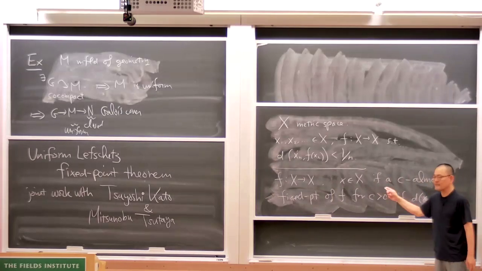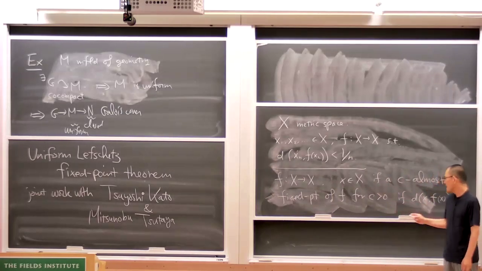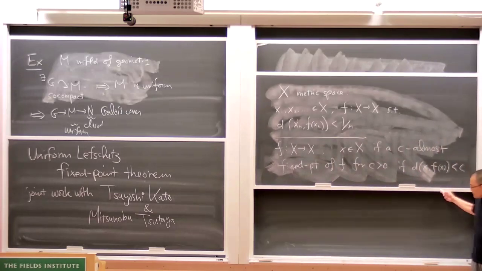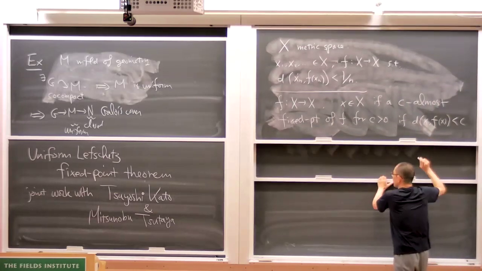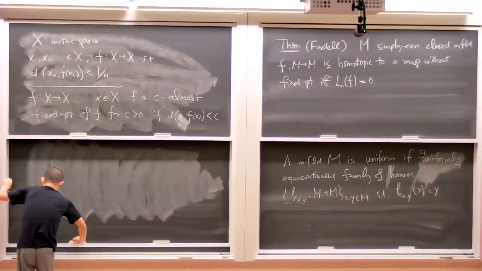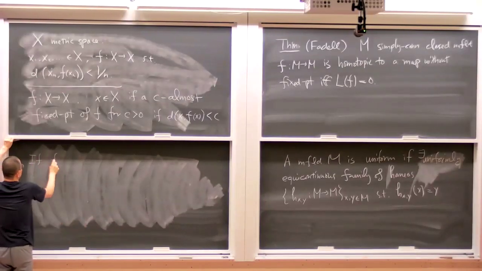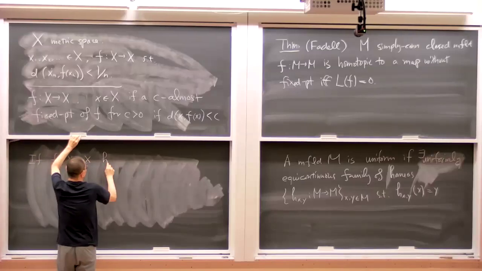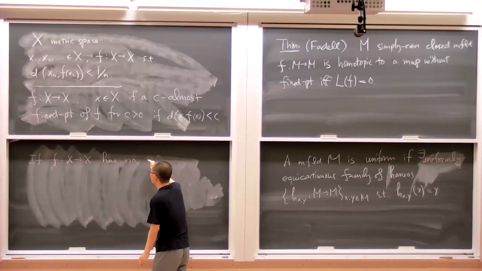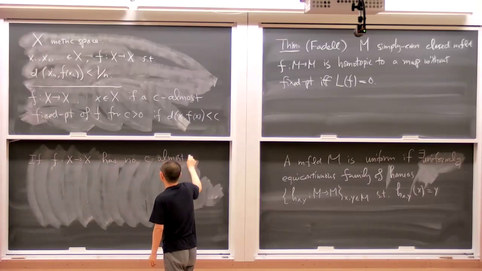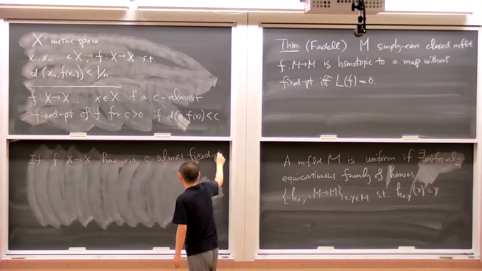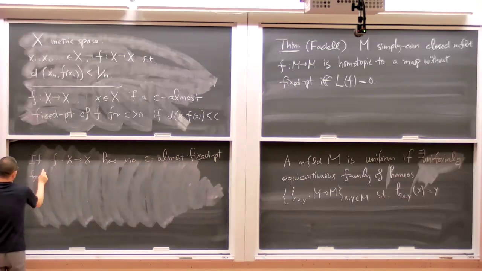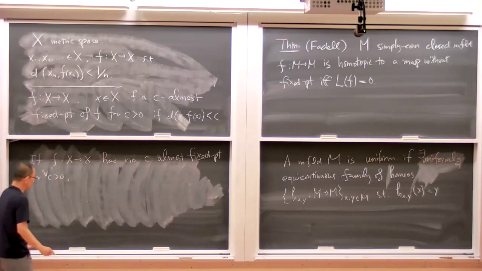We say that a point x is a C-almost fixed point of f if the distance between x and f(x) is less than C. So if f has no C-almost fixed point for any C, then f has no fixed point and no fixed point at infinity.